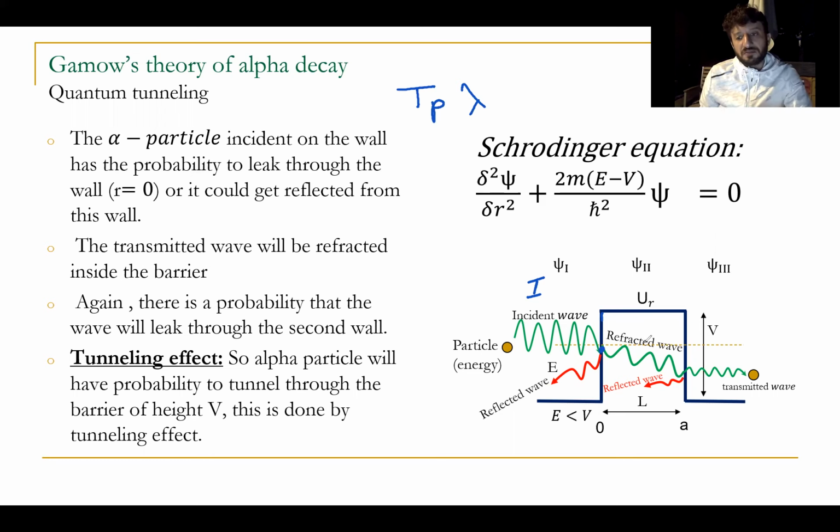The transmitted part will be refracted inside the barrier. On the second wall, a part of this wave will be reflected back, and the second part will be transmitted. As definition of tunneling effect, we can say the alpha particle will have a certain probability to tunnel through the barrier of height V. This is done by tunneling effect.